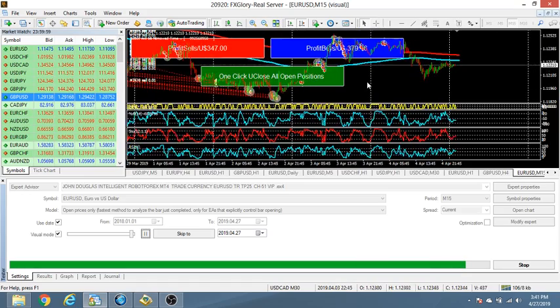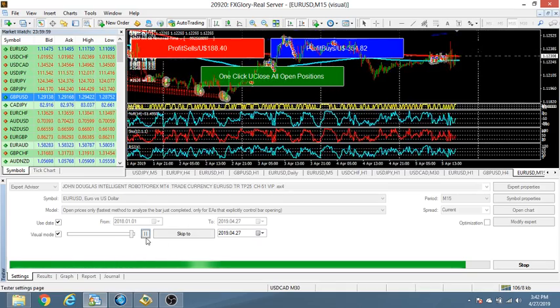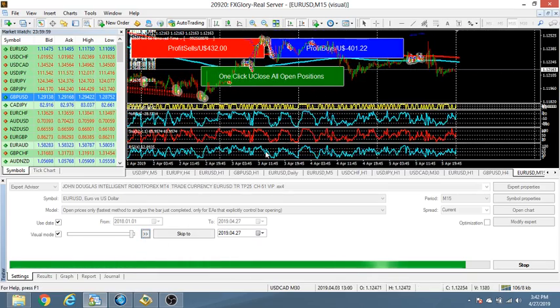You can see the price movement here and the red dot. And you see here, through here, the negative and the positive. Now they're hedging. They hedge, and then they will close. They will close when it reaches a certain point.